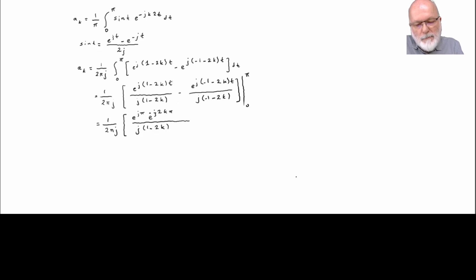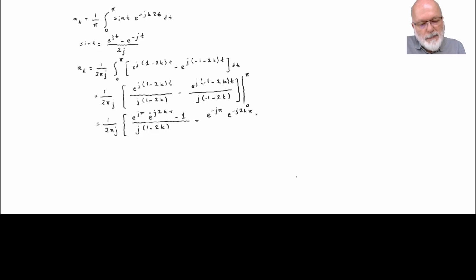When we substitute 0 in the exponent, e to the j 0 is 1. So we have minus 1 here. And for the second term, similarly, we have minus j pi in the exponent, and e to the minus j 2k pi, coming from the second term over there.